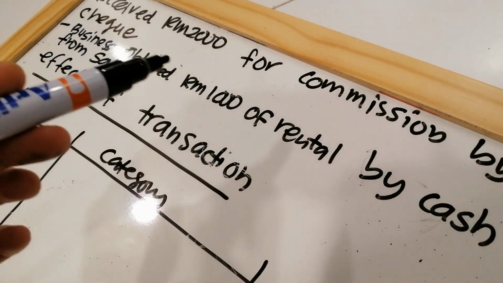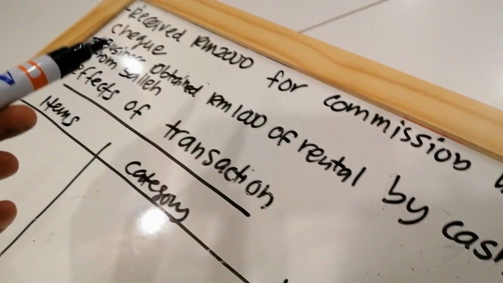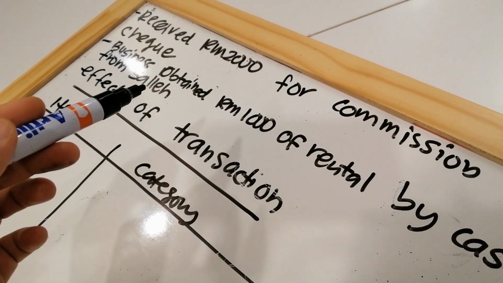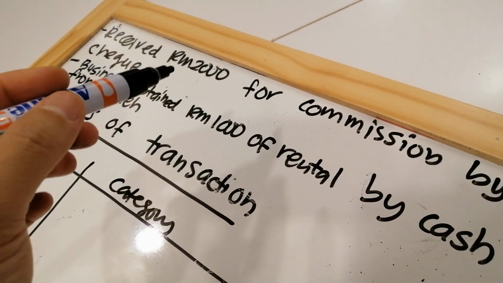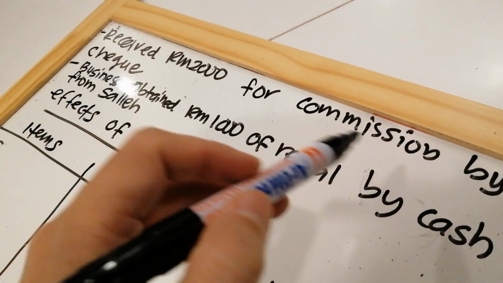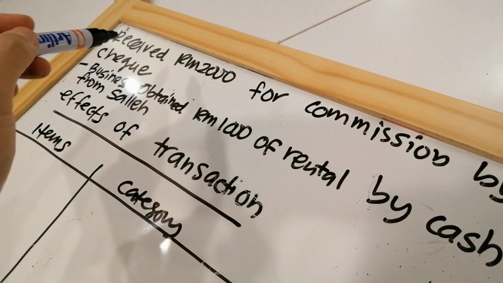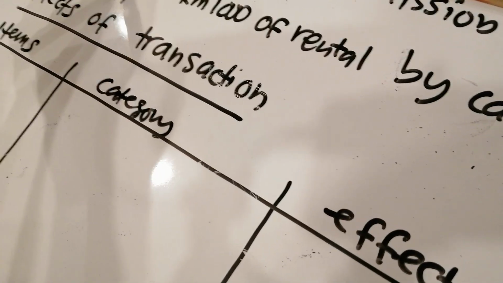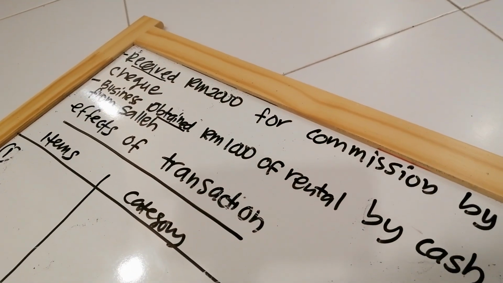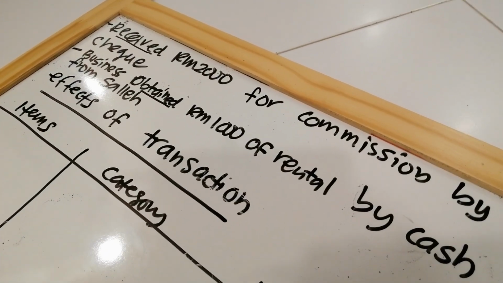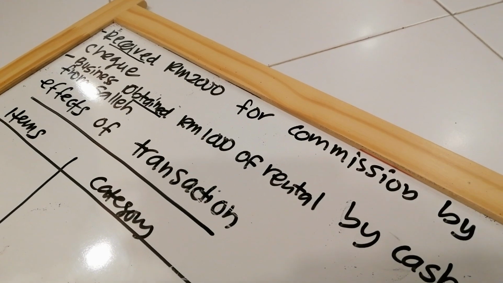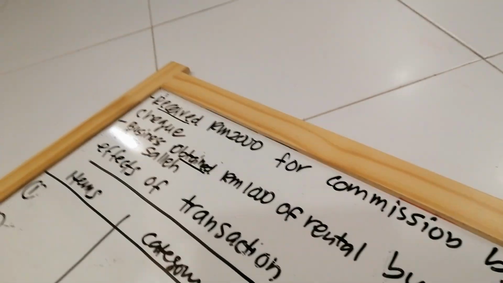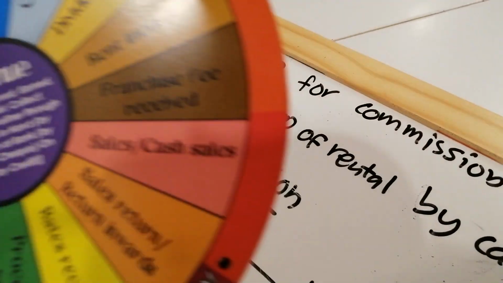Business obtain 1,000 ringgit of rental by cash from Saleh. Okay. So if your main business activity is selling cakes, so this one will become other revenue. So the keywords here are receive, obtain. You can also find the other keywords from the wheel. That's why the wheel is very important to be checked.